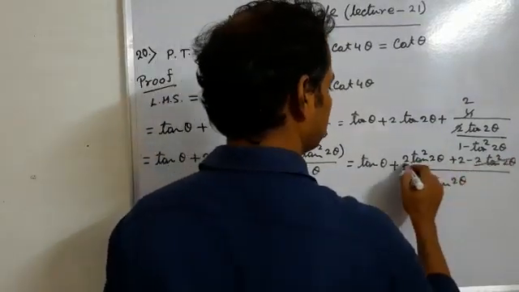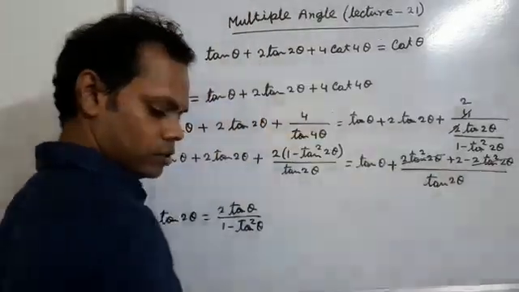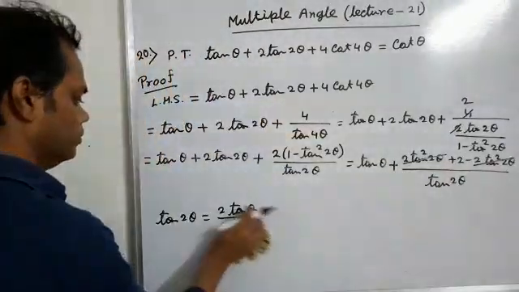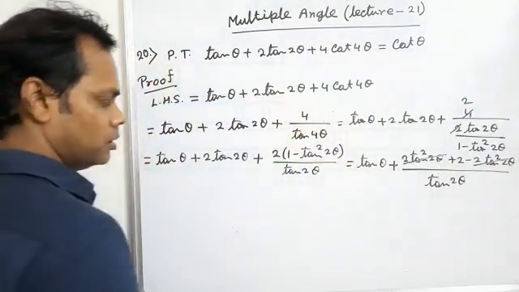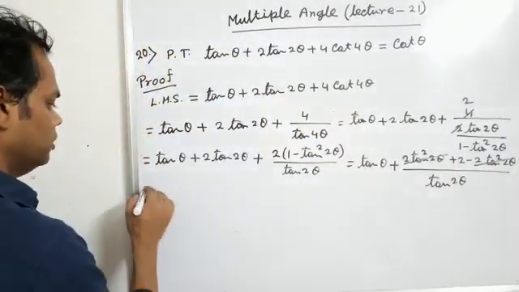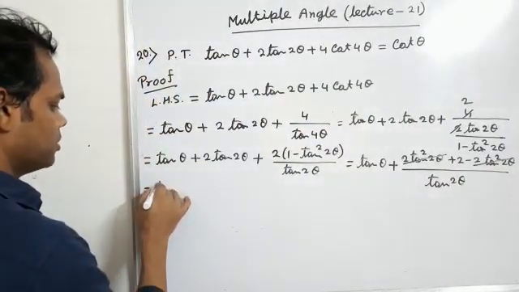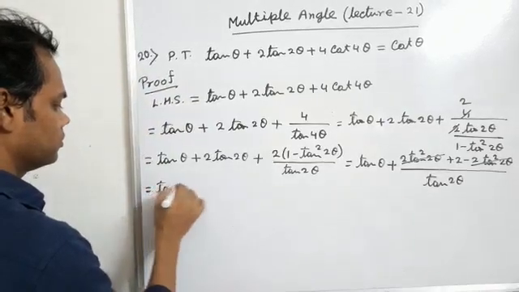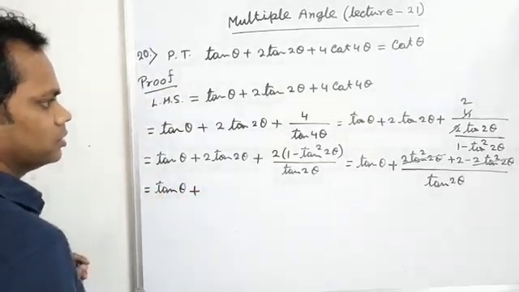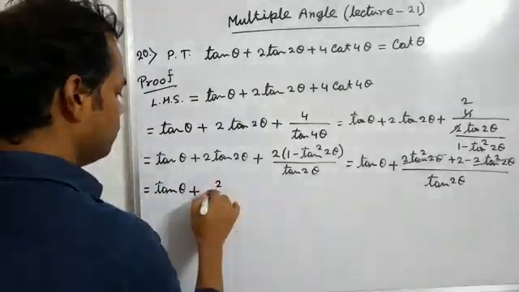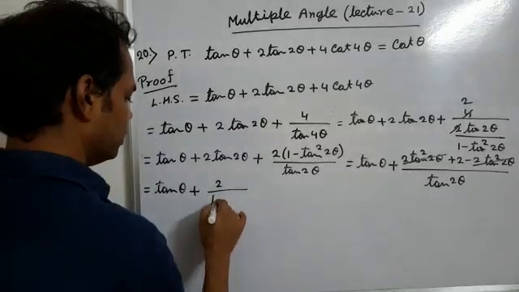They cancel each other. So it remains, it becomes tan theta plus 2 by tan 2 theta.